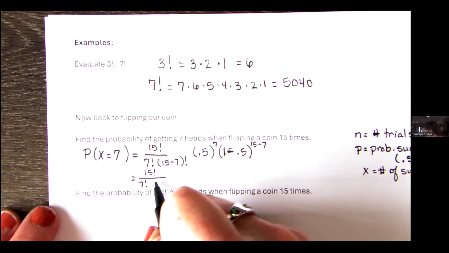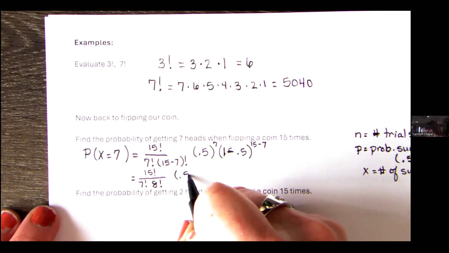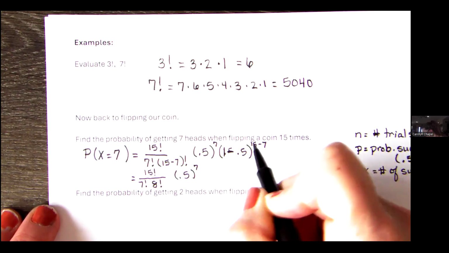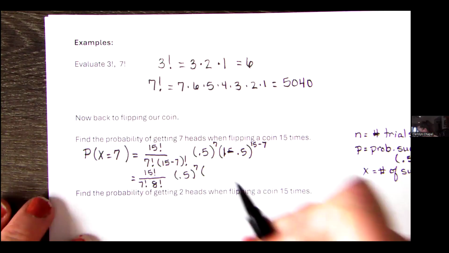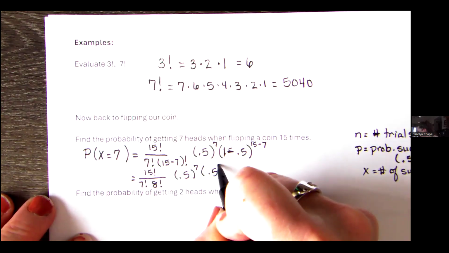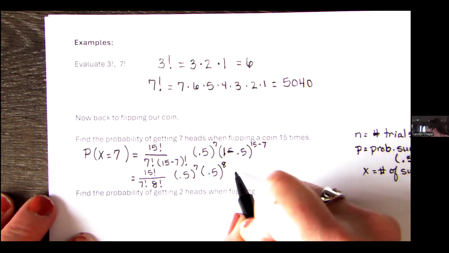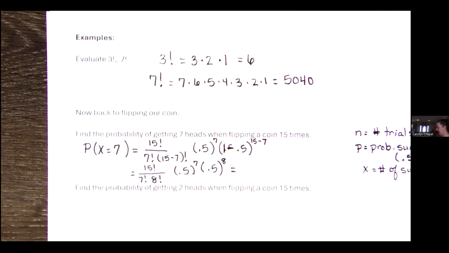Now, some textbooks will have that 1 minus P written as a Q, because some textbooks use P for a success and Q for a failure. So depending on which textbook you pick up, you will get different things.